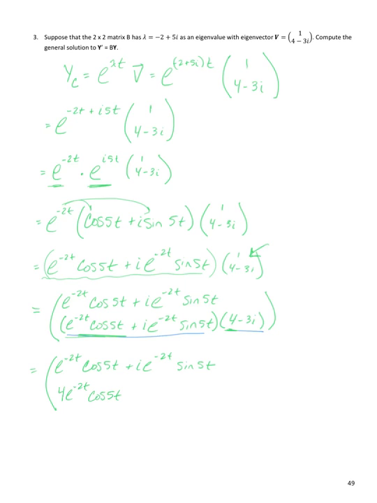And then outer, this term times this term, negative 3i, is going to be minus i times 3e to the negative 2t cosine 5t.